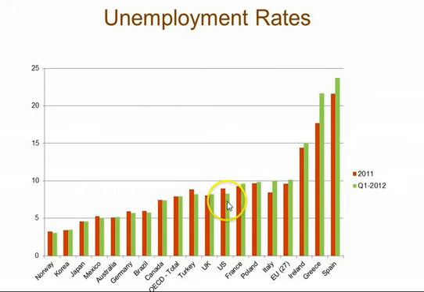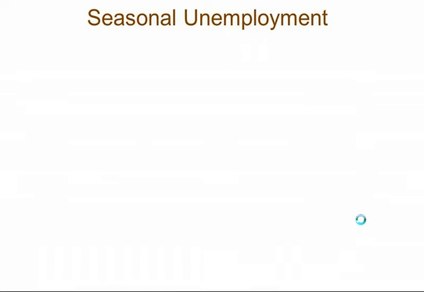And you can see the United States is kind of in the middle of the pack. This rate is falling. It's down to about 7. So right now, the unemployment rate in the United States is right about here. But you can see quite a few countries have unemployment rates at or above 10%, and that's quite important to know.